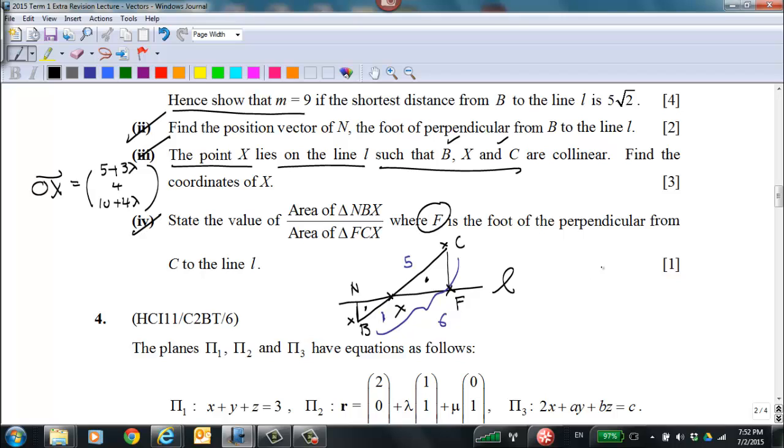But do you realize that the length BX over the length XC is actually 1/5? And because of this, by the fact that these two triangles are similar, the ratio between the areas will be 1/5 squared, equals 1/25. This is something that you learned back in secondary school. So with this, the whole question 3 will be done.